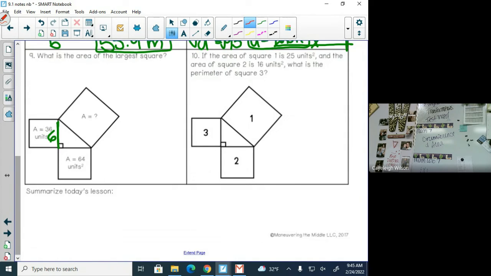All right, the area of the square at the bottom is 64. So what number times itself makes 64? 8. And then it's asking me to find the area of that other square. So we first have to find the hypotenuse. So everybody find the hypotenuse.